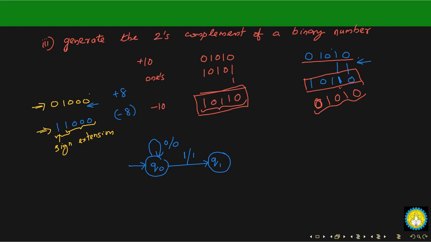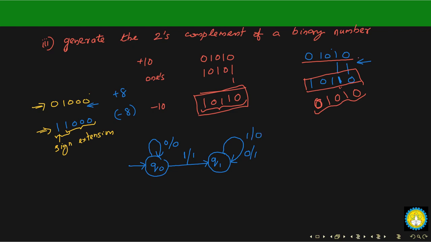If you are already at Q1, then it means that you have seen a 1. When you're parsing the binary string, if you have seen at least a 1, you will be at Q1. That's the meaning. And if you're at Q1, now what you're going to do is invert everything. So if you see a 0, you're going to output 1, and if you see a 1, you're going to output a 0.